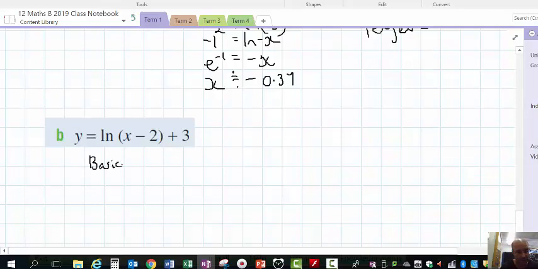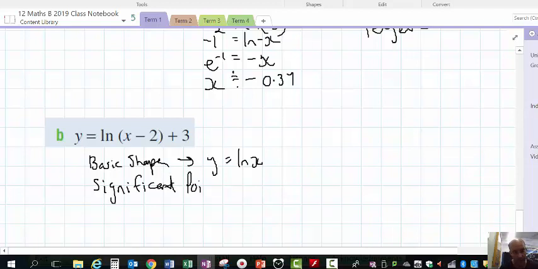Okay, so moving on to the next one, going a little bit quicker now. So we're looking at the basic shape. The basic shape here will be like y equals log x. And significant point, let's have a look at that.